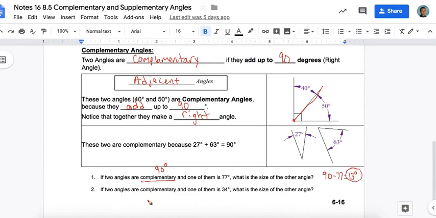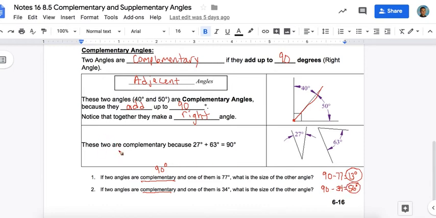And then the last example, if two angles are complementary, and one of them is 34, what is the size of the other angle? So once again, we can do 90 minus 34, and that will give us 56 degrees.